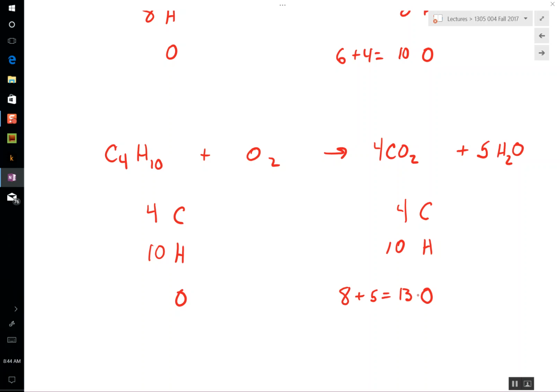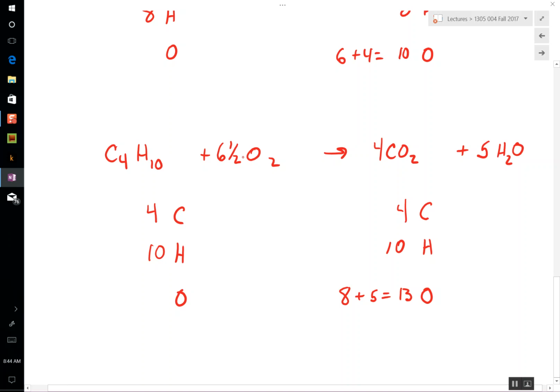So what is 13 oxygens? It is 6 1/2 O2 molecules, right? 6 O2 molecules is 12. 7 is 14. So we're right between 6 and 7 oxygen molecules, 6 1/2.